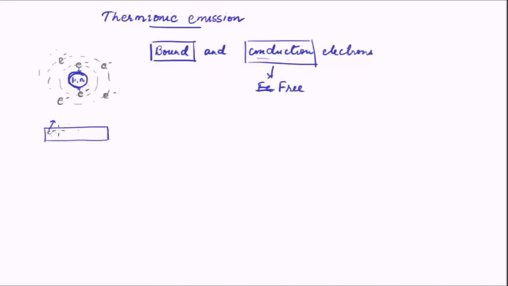But if we provide energy externally to this metallic body, by let's say maybe heating, then what will happen is you will end up getting free electrons in the real sense. That is, this electron over here can leave the body, and that leads to emission of electrons.